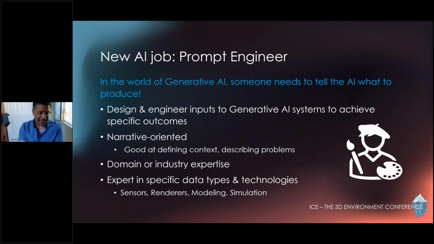Of course, I suspect most of the folks on this call have heard of this role called a prompt engineer, and it does not mean a speedy engineer, right? It means somebody who actually can understand a problem, formulate a description of an outcome, pass it through a large model of some kind, and then get a desired result.